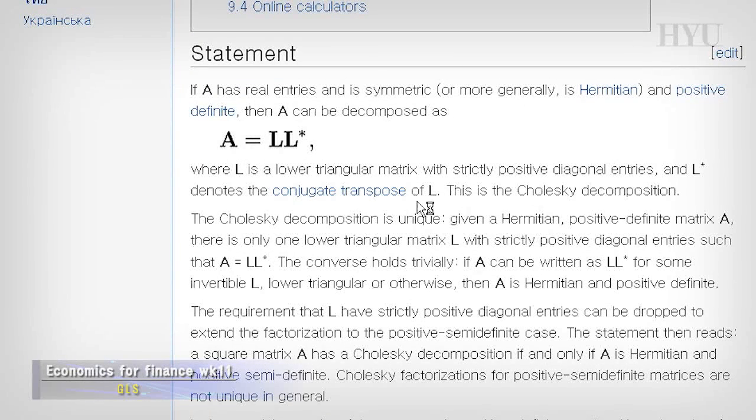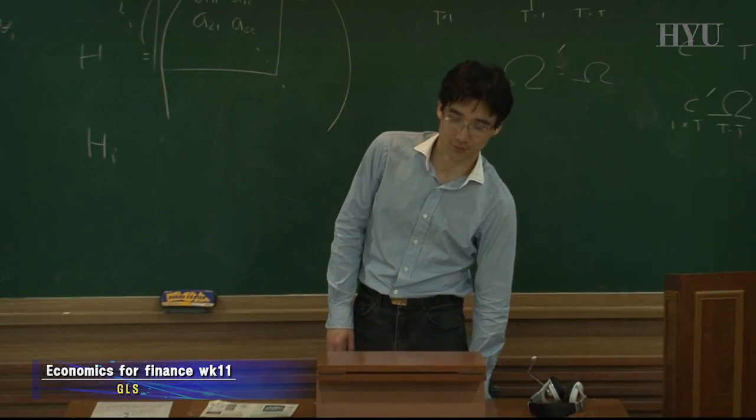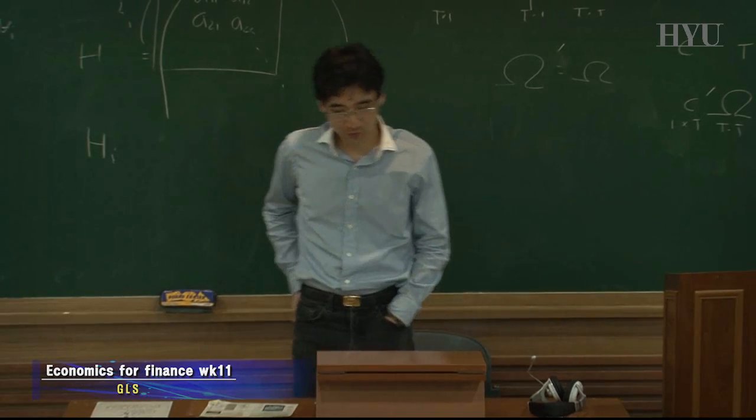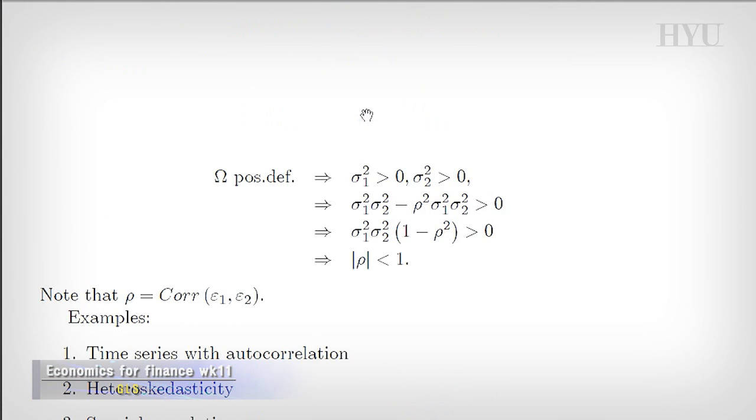So if there is a unique Cholesky decomposition, then this is positive semi-definite. Any question? Okay, so as far as the correlation is concerned, a general variance matrix is positive semi-definite.